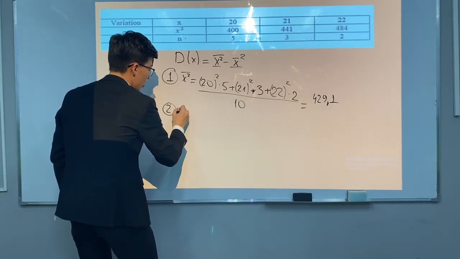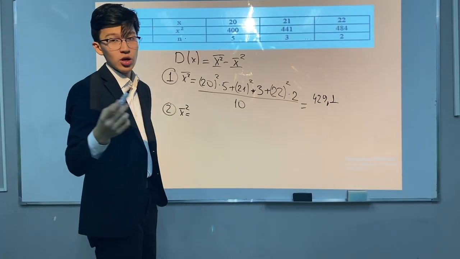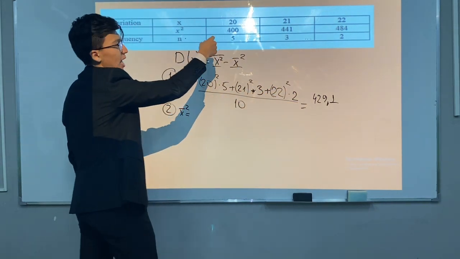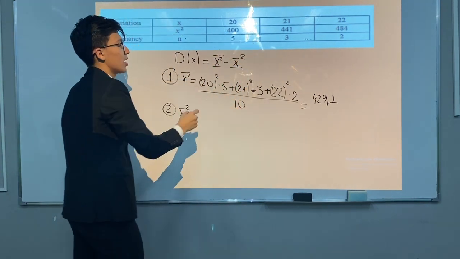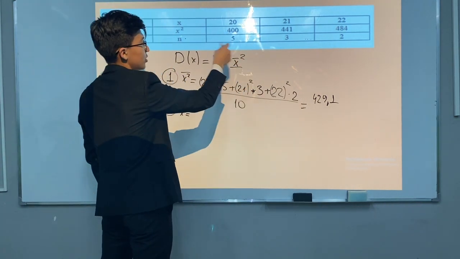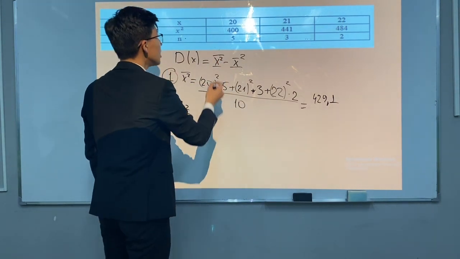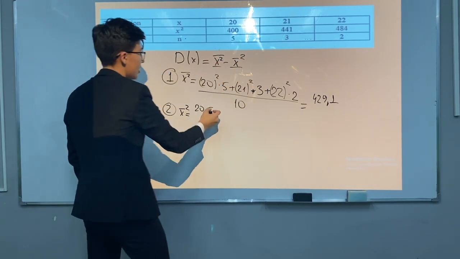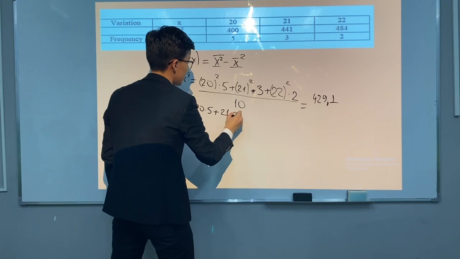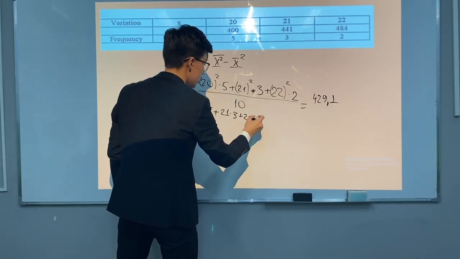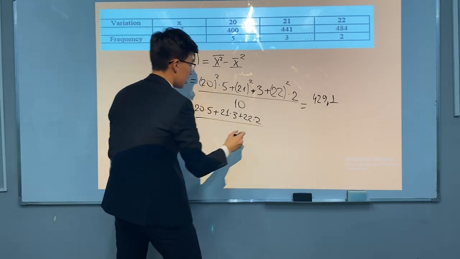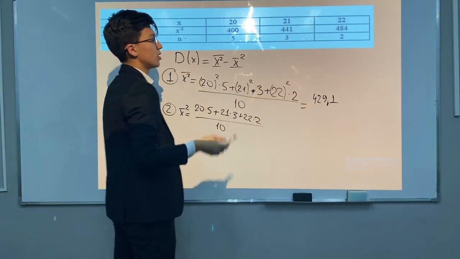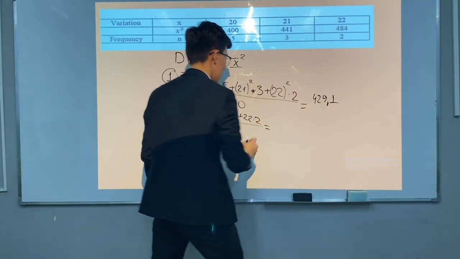To find the average value, we have to add all of the numbers and divide by the number of terms. So write 20 times 5, because 20 is repeated 5 times, plus 21 times 3, plus 22 times 2, and divide by 10, because we have all the 10 numbers.